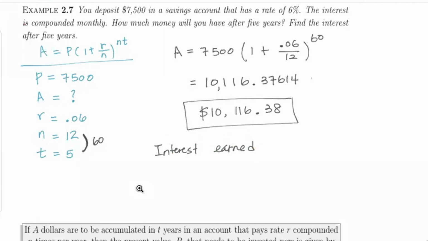Interest earned. This is 5 years after, and this is the beginning amount. Your interest is simply your future value minus your present value. Is it 2,616.38?